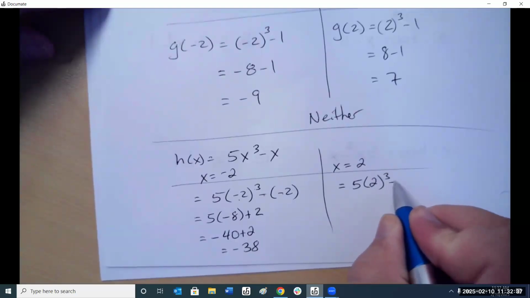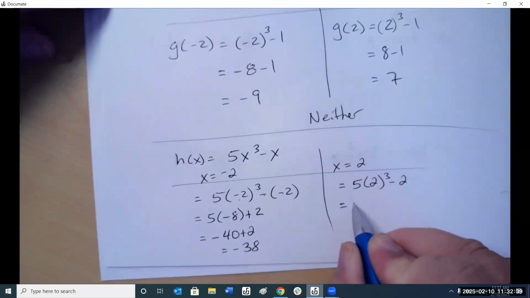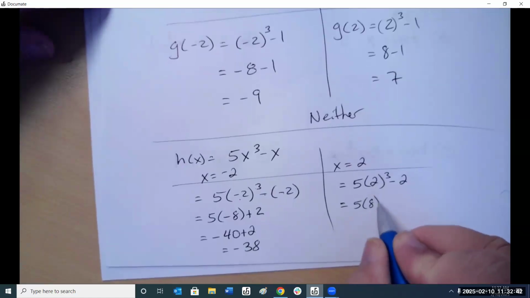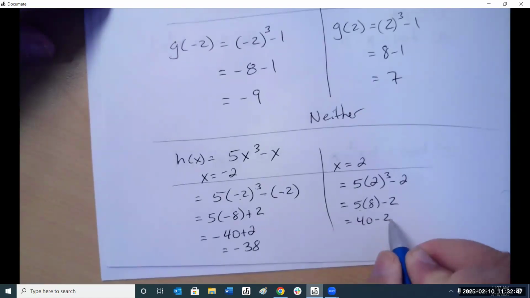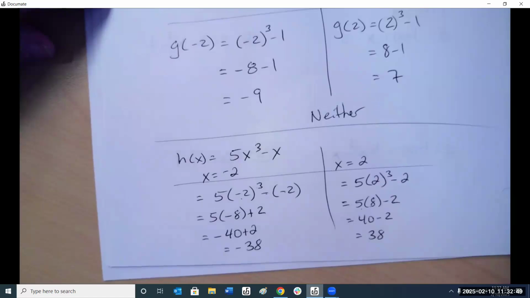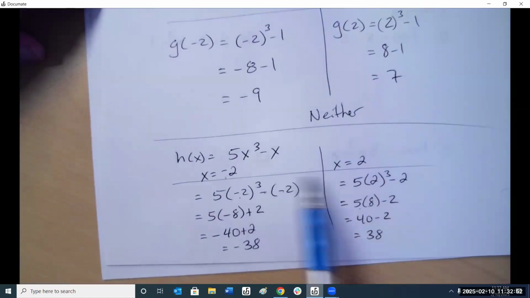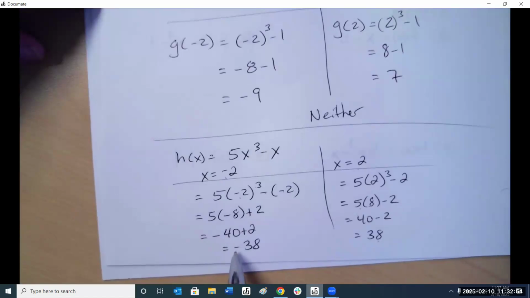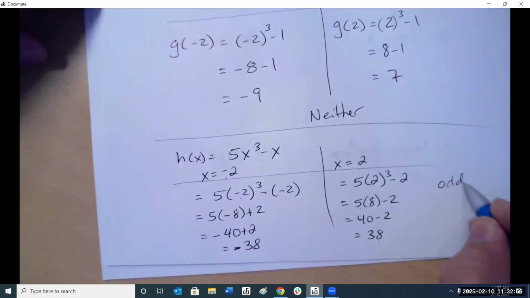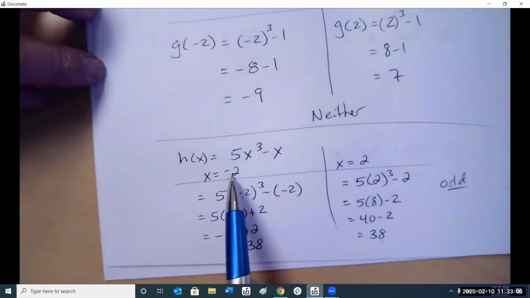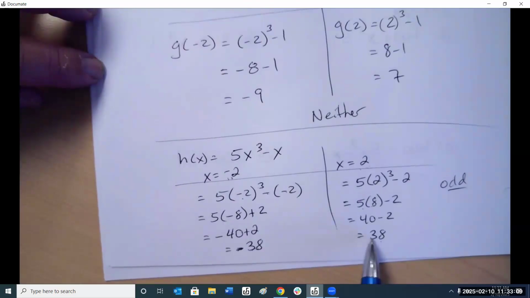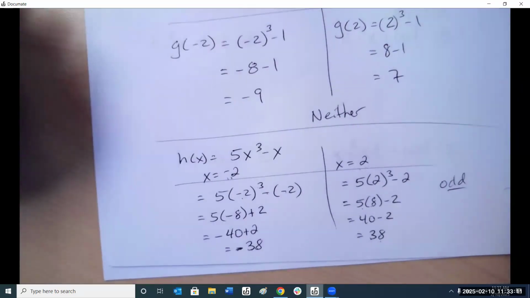Five times 2 cubed minus 2. 2 cubed is 8. 5 times 8 is 40. So I change the signs. I get the same number, but different signs. So it's odd. That's what odd is: if I change the sign of the input, I change the sign of the output. But there has to be the same numbers.